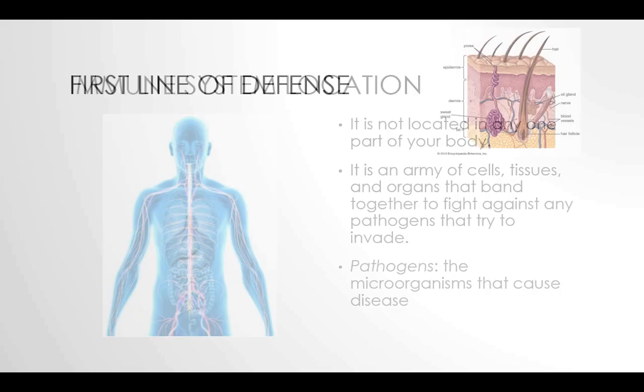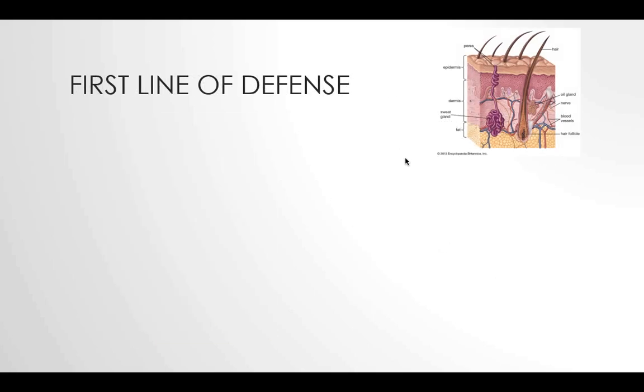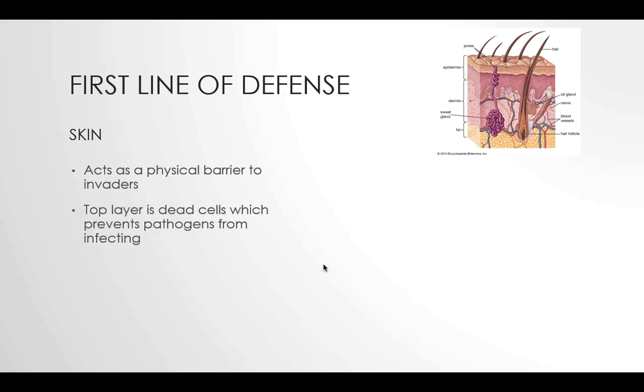All right. Now we have a first line of defense. Okay. And the first line of defense is composed of three different things. Our skin, which is a physical barrier to invaders. So invaders that try to get in first, they'll try to get in through our skin, and a lot of times they cannot get in through our skin.